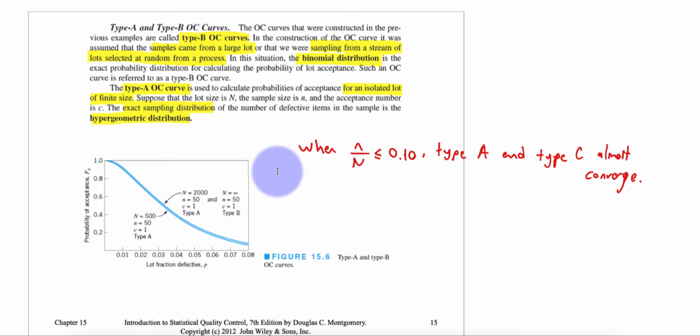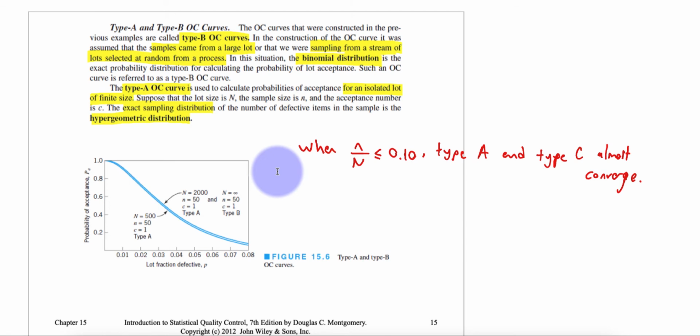In type B OC curves we were considering the whole lot population. Indirectly we were considering the process of the supplier. That's why we have used the binomial distribution to calculate the OC curve values in the type B OC curve. But we can also construct another type of OC curve, and it will be about the individual lots.